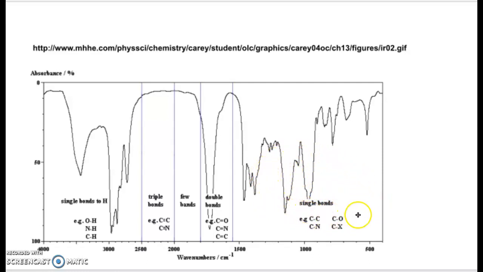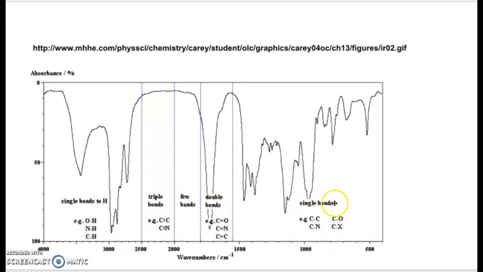For us who are very inexperienced at reading IR spectra, it's very hard to read some of this stuff. It's usually more of these bonds down in this range, the 3000 to 1500 range, where we're going to have data that's usable. So in this case, we know that there are no triple bonds in this molecule, but that somewhere in this molecule, we might have one of these bonds, and of course we have some single bonds.